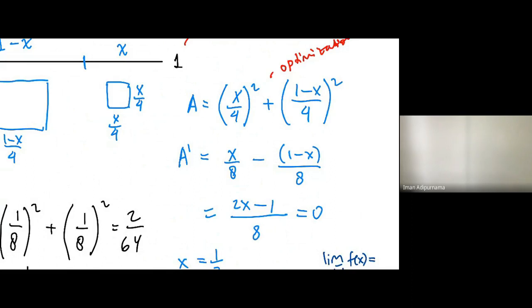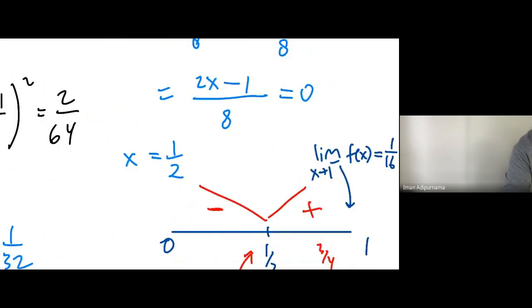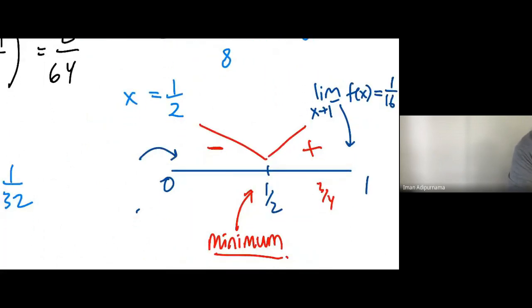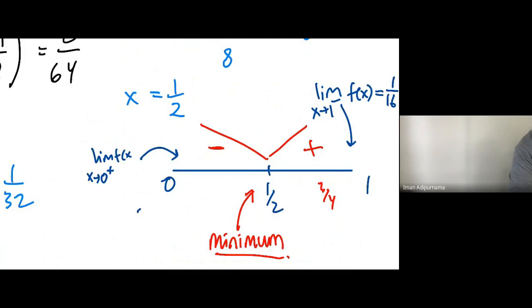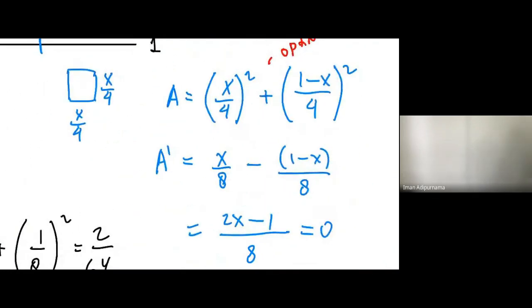If we have 1, this will be 0, and this will be 1 over 16. Then check the limit approaching 0 from the right, and checking 0, this is 0, and this is 1 over 16, right?